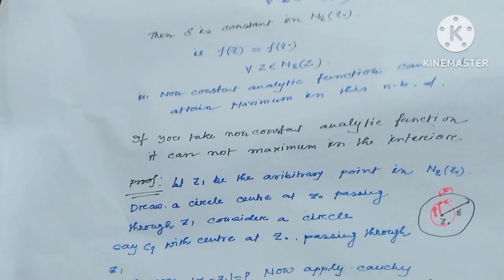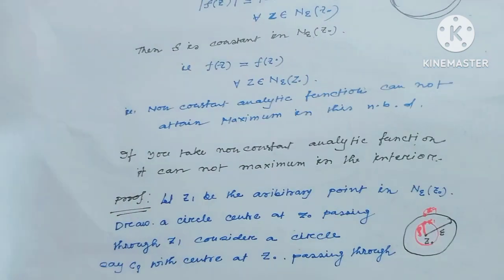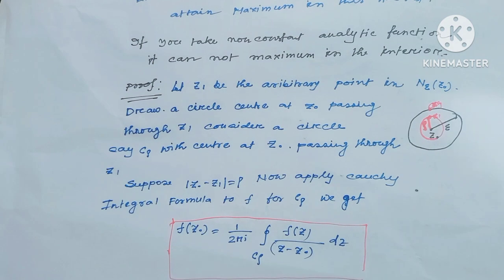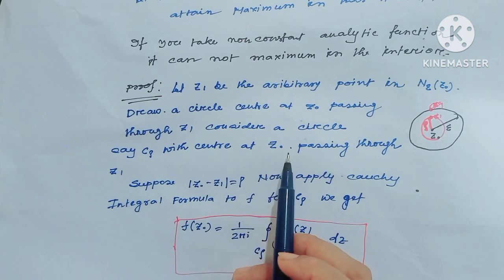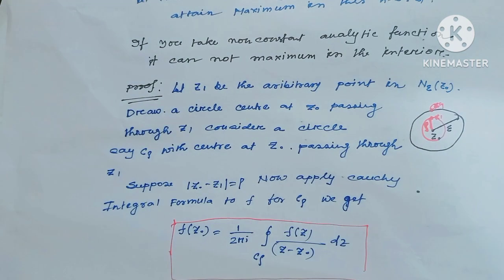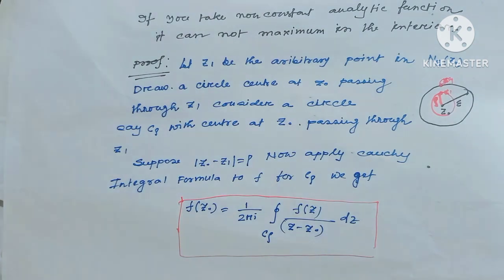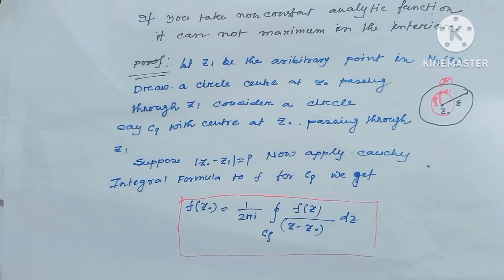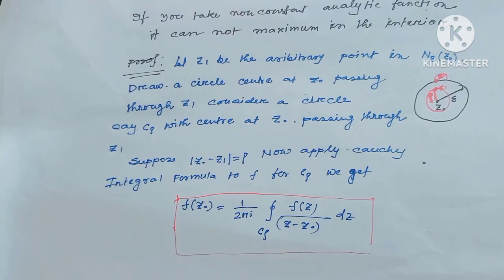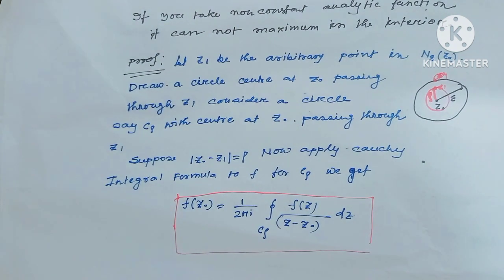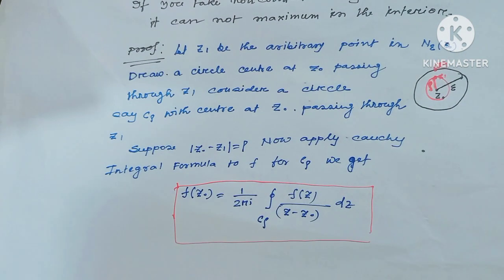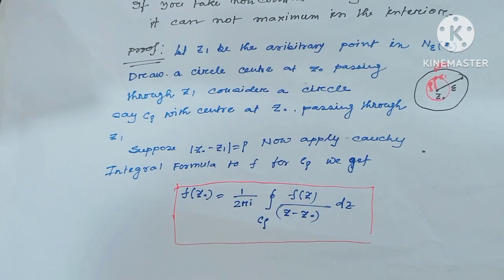That means draw a circle with center z0 passing through the point z1, and suppose the absolute value of z0 minus z1 equals rho. Now apply Cauchy's integral formula to f on this circle. Then we get f(z0) equal to 1 over 2 pi i, the integral along the circle of f(z) over z minus z0 dz. This is Cauchy's integral formula.